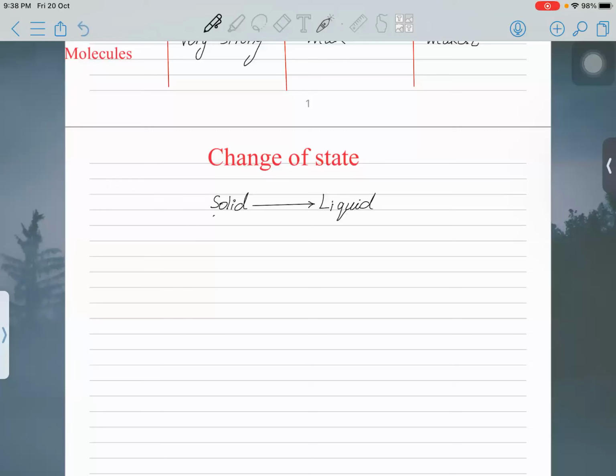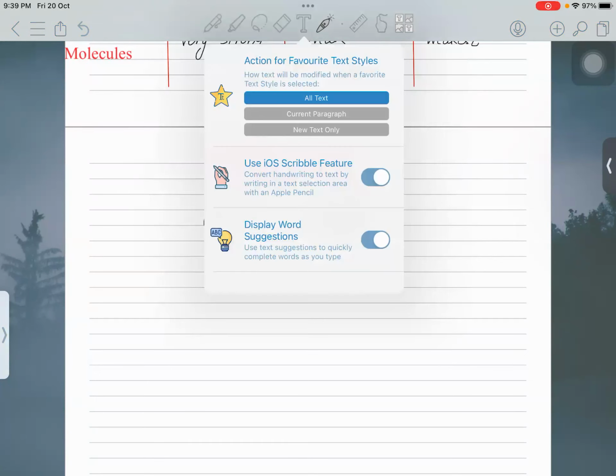For example, ice convert into water. Can you name the process? Sir, solid to liquid would be melting. Melting. Very good.